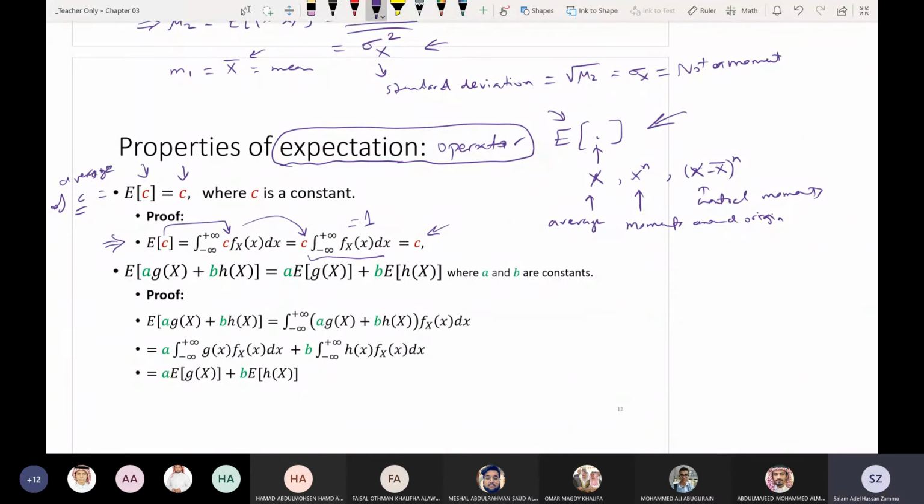It's the same constant, right? There is no such thing as an average of a constant. It's a constant. So logically, expected value of a constant equals the same constant. Mathematically, here is the proof. Logically, expected value of C is the average of C. Well, the average of 2 is what?